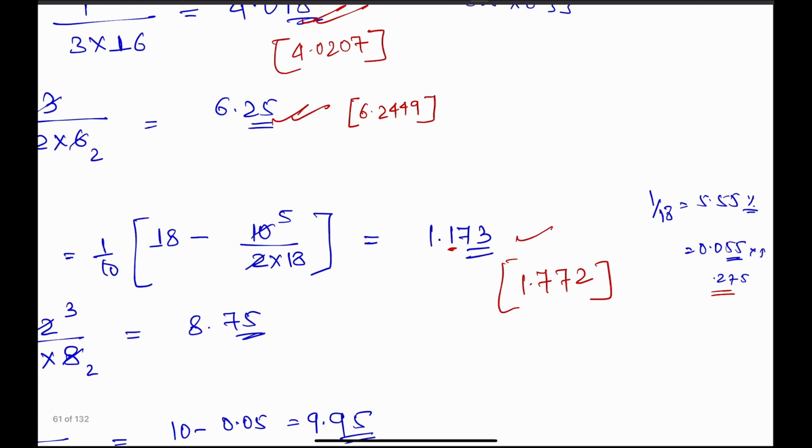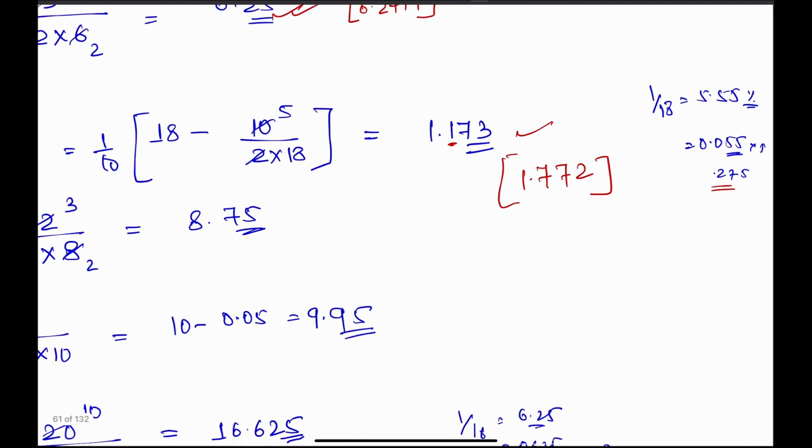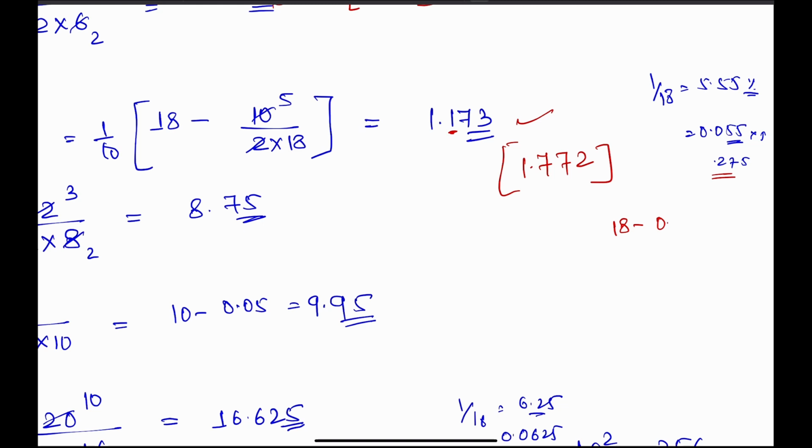If I remove 18 minus 0.275, it should be, oh, it should be 17.775, right? Not 7 actually. Even if I am removing over here, then it will be 5, 2. So mistake is not here, mistake is in subtraction.